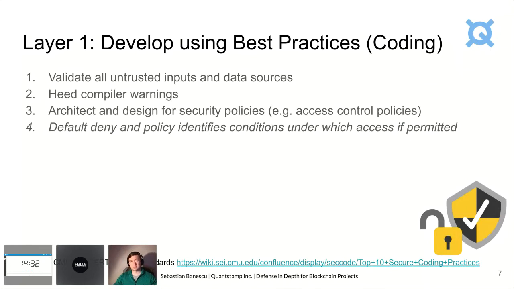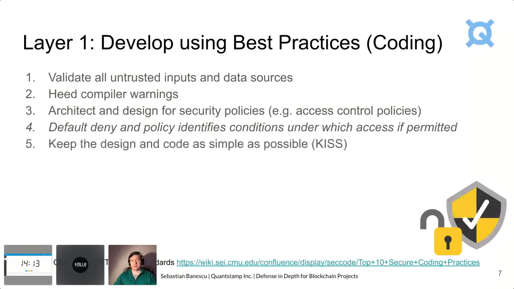So this best practice, number 4, is very difficult for some programming languages and for some paradigms. And we see this very often as a problem in this space of smart contracts and dApps. So be wary and try to design this in a safe way.